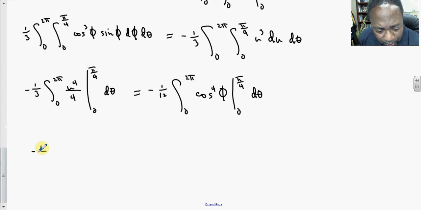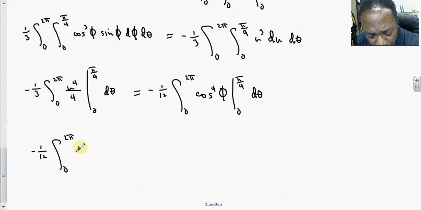So we get negative 1/12, integral from 0 to 2 pi. We have the cosine at pi over 4. I'm just going to go ahead and write it. The cosine of pi over 4 is 1 over the square root of 2, and that's raised to the 4th power.